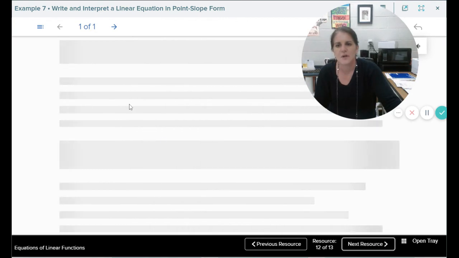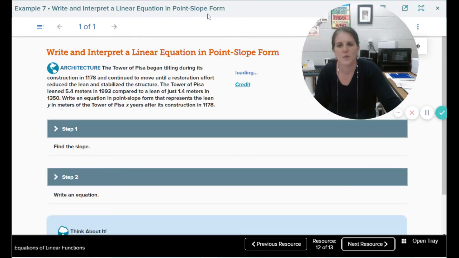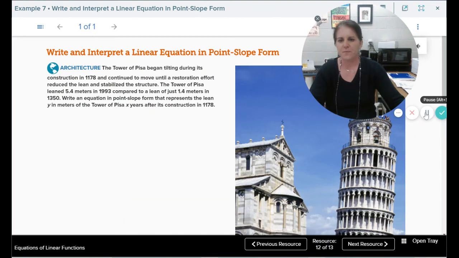All right, and now we're going to write and interpret a linear equation in point-slope form. The Tower of Pisa began tilting during its construction in 1178 and continued to move until a restoration effort reduced the lean and stabilized the structure.